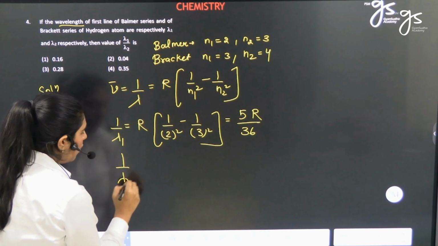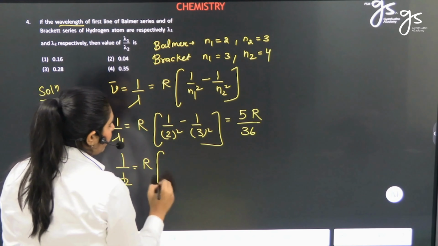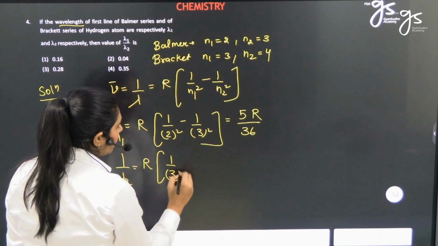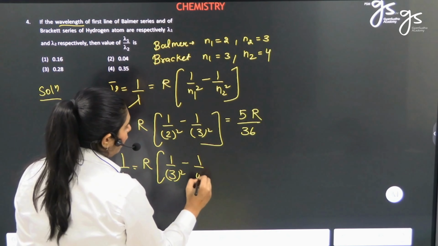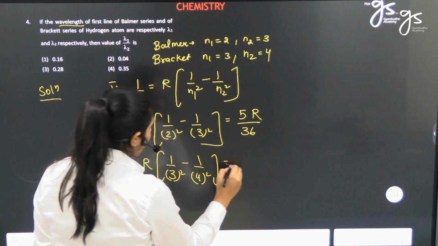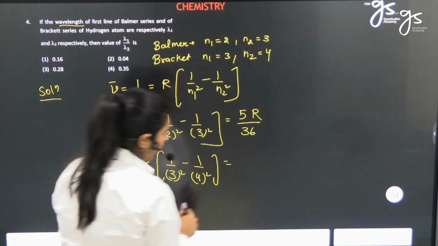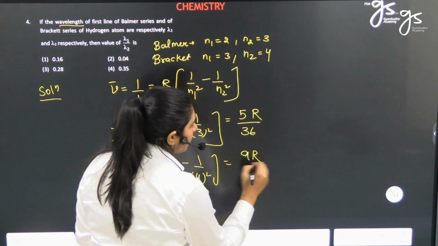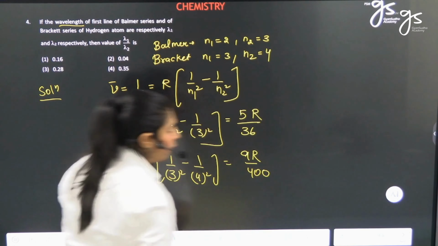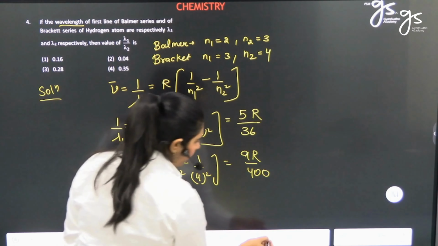For lambda 2 also, we will calculate 1 upon 3 square minus 1 upon 4 square, and after solving we get the value 7R upon 144.